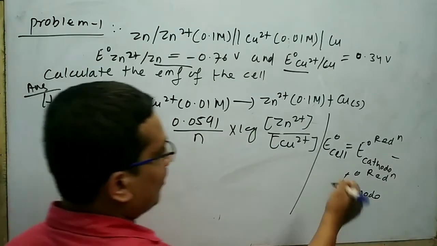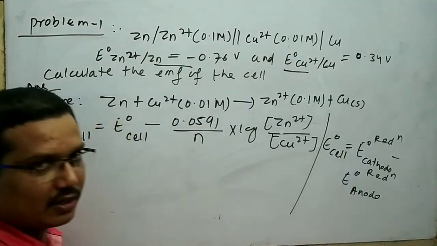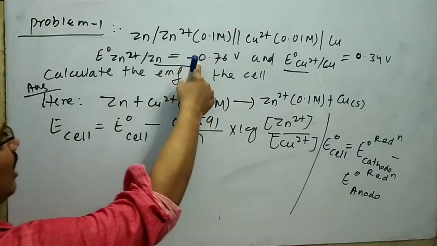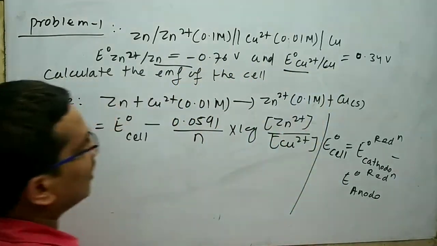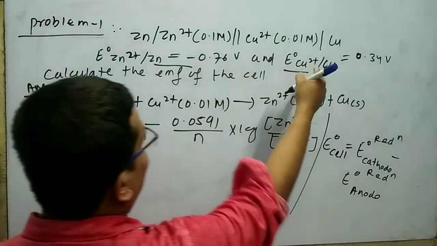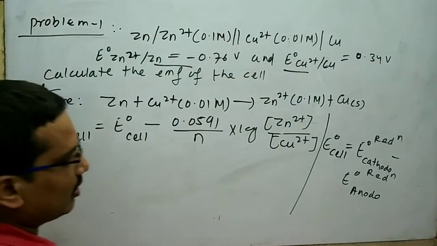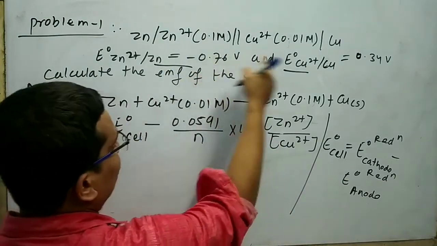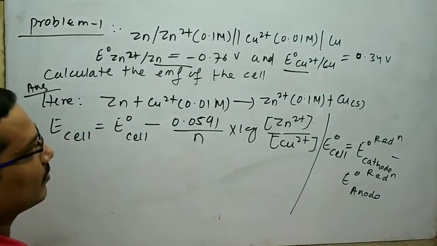There are three formulas for the calculation of E0 cell, but we have to apply this formula because here the electrode potentials are reduction potentials. That means the two data are given as reduction potentials. Now put the values of these two data in this equation.